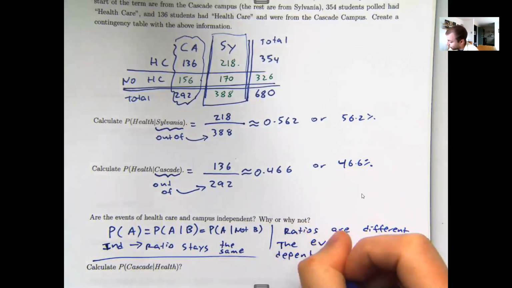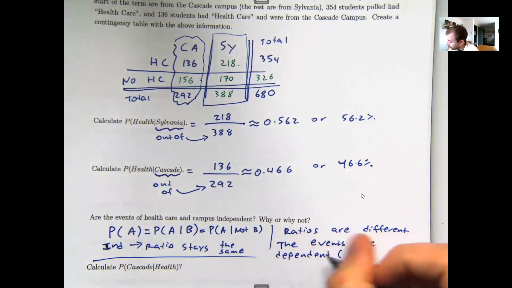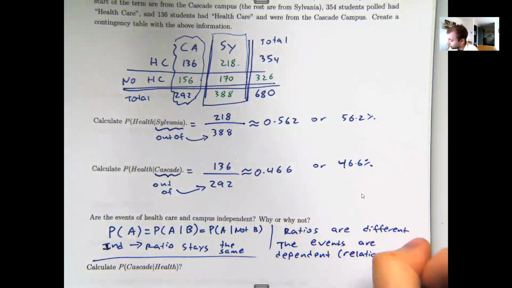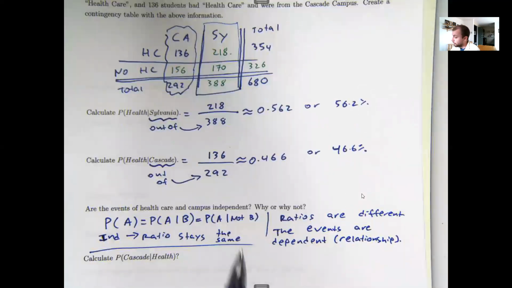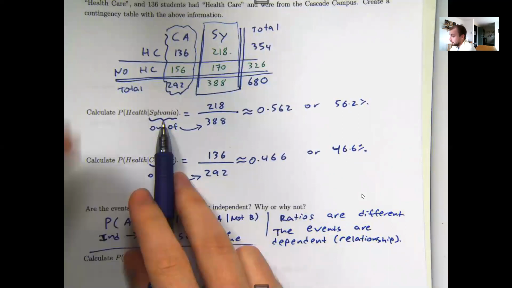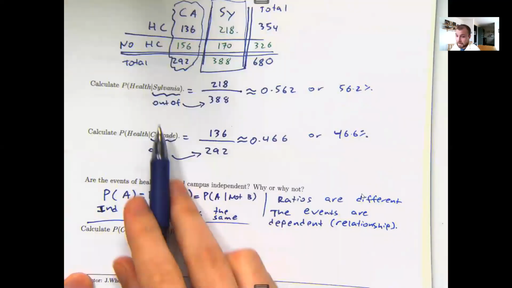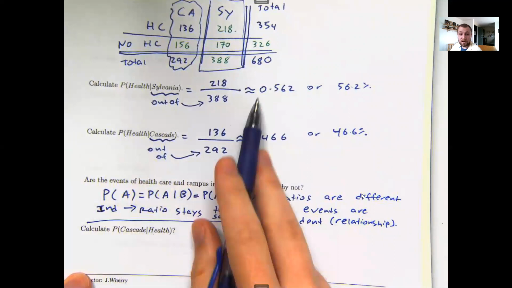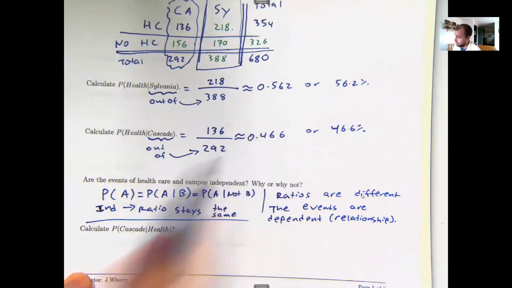And we could be even more specific because dependent just says there's a relationship. We should try to figure out what that relationship is. In this case, if you are from Slovenia, it looks like the chance of having healthcare is higher than if you're from Cascade.